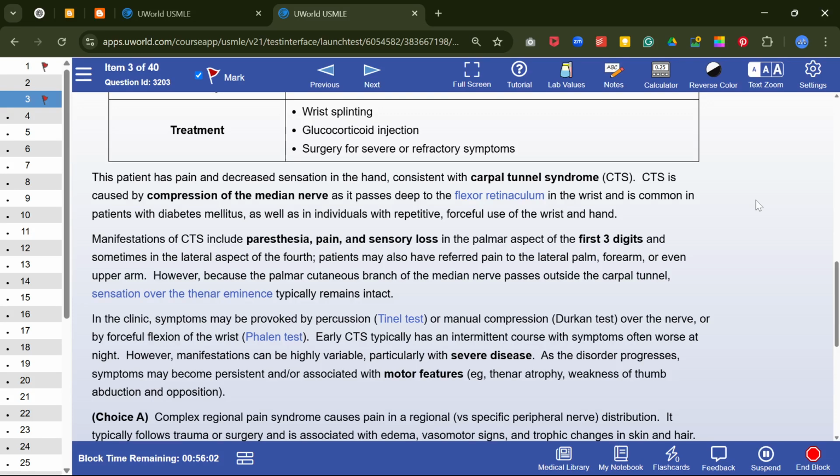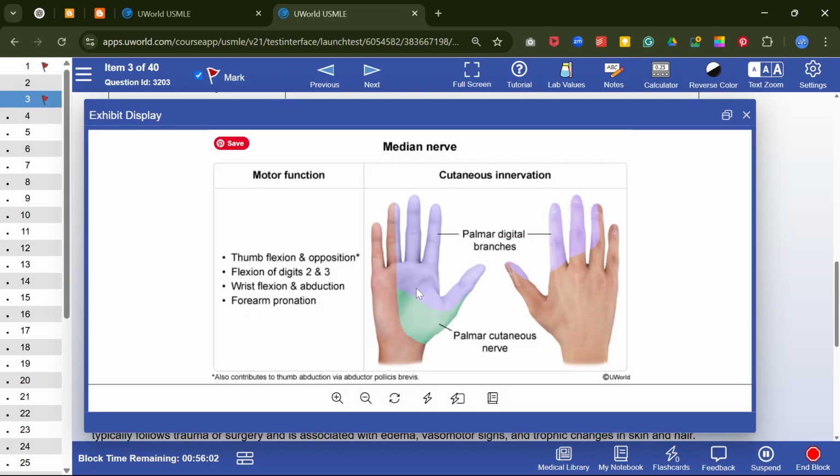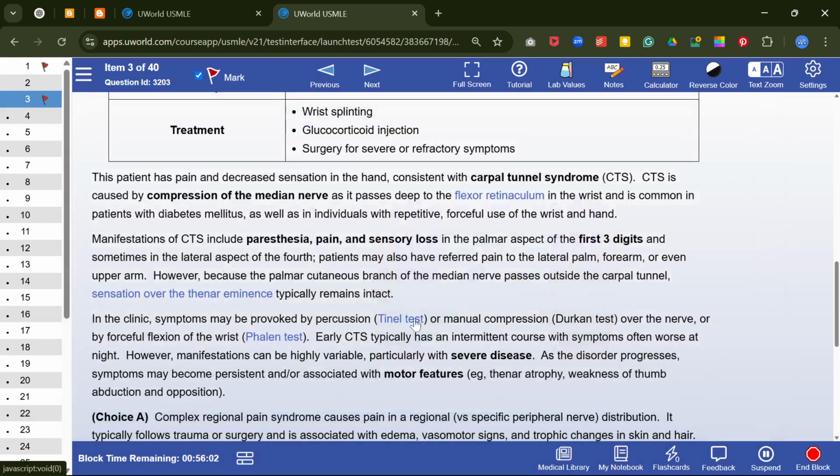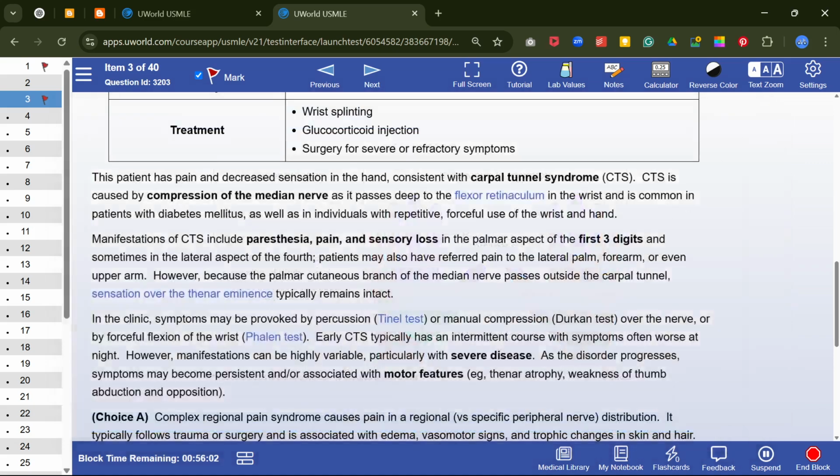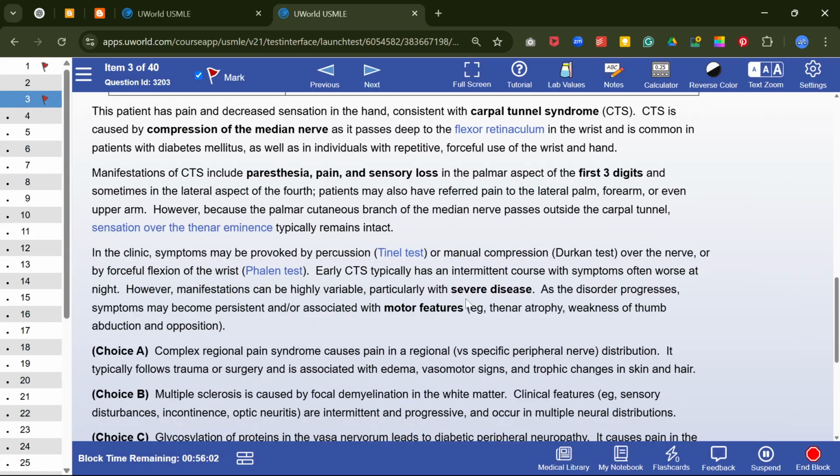However, the palmar cutaneous branch of the median nerve does not pass through the carpal tunnel, so sensation over the thenar eminence typically remains intact.